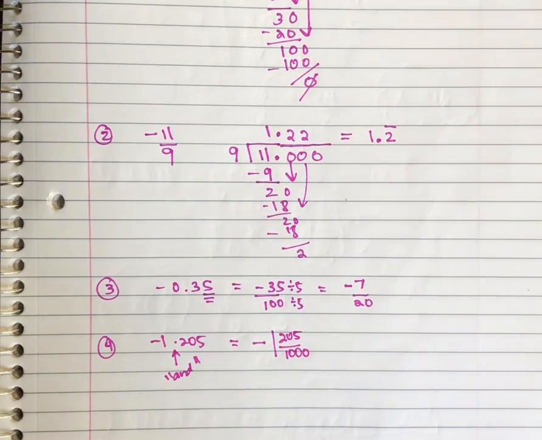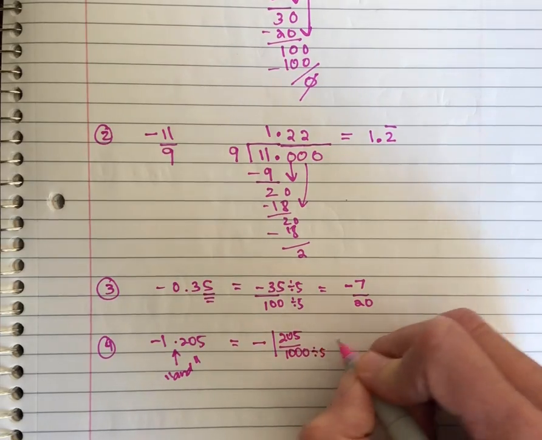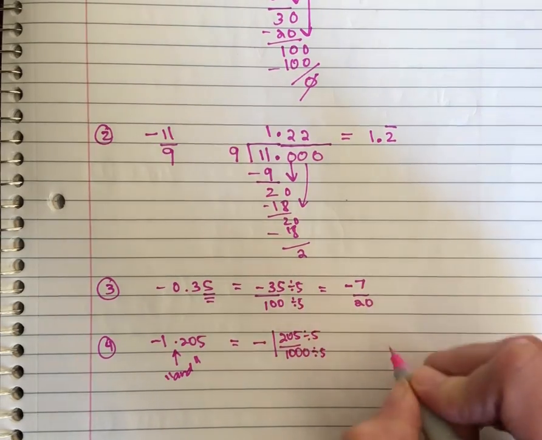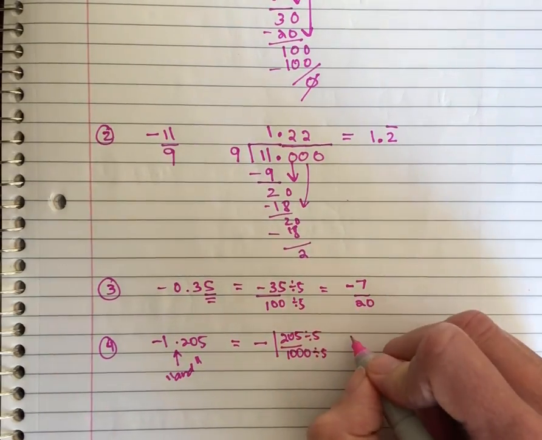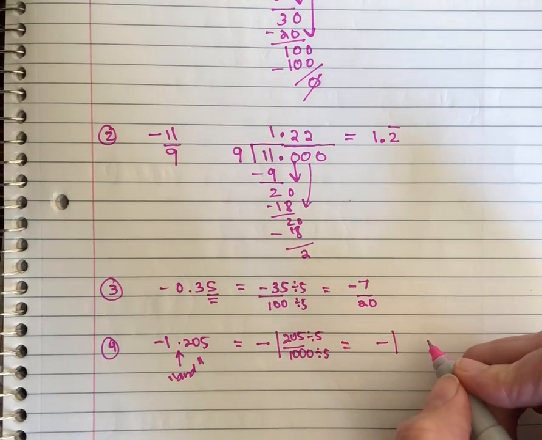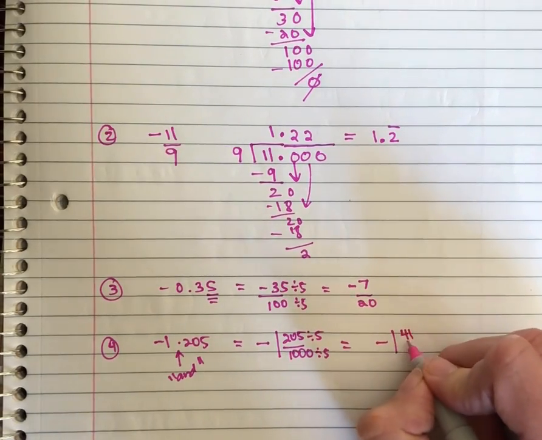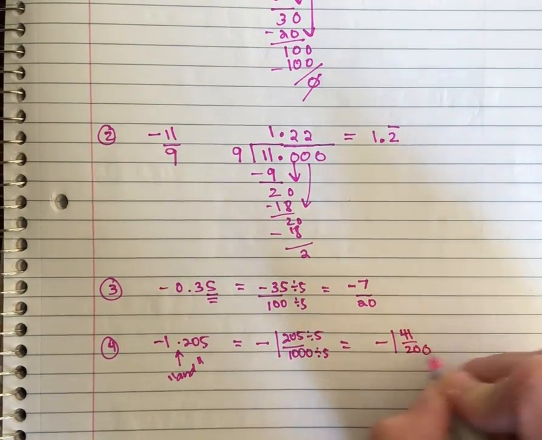From there, we need to reduce. We can divide both of these by 5. I'm not going to show this division worked out. I know you're capable of doing that. And it becomes -1 and 41 over 200.